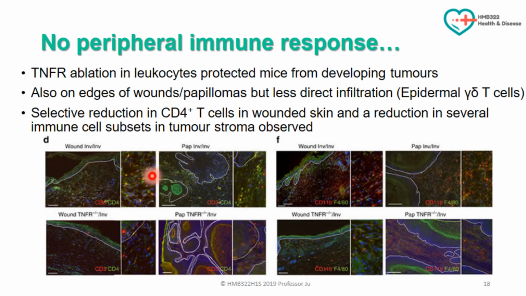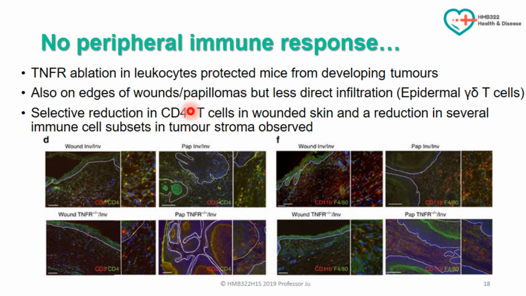So this tumor necrosis factor ablation in these leukocytes definitely protected these mice from developing tumors after wounding. So the classic model: wound them, get these massive papillomas. The bigger the wound, the bigger the papilloma. When you knock out tumor necrosis factor receptors, though, even though the in V mice overproduce this inflammatory response, without those receptors on the leukocytes, there is no tumor formation.